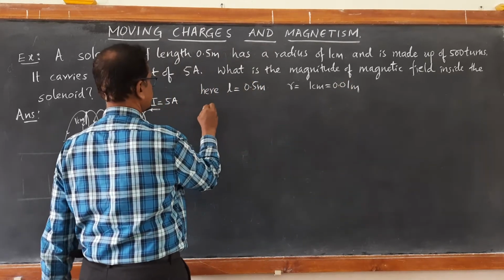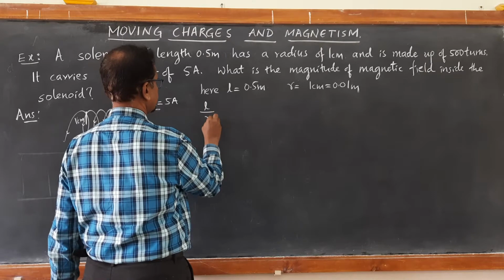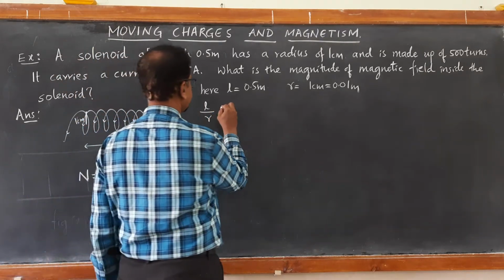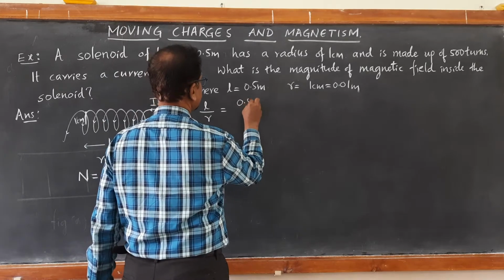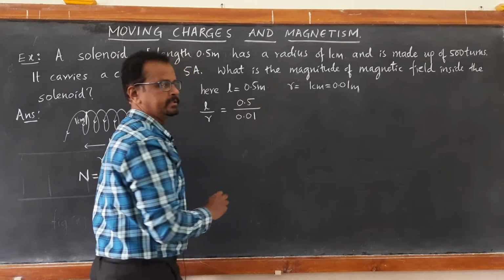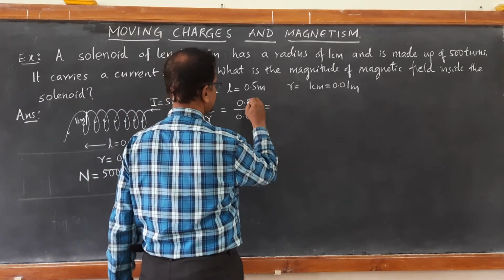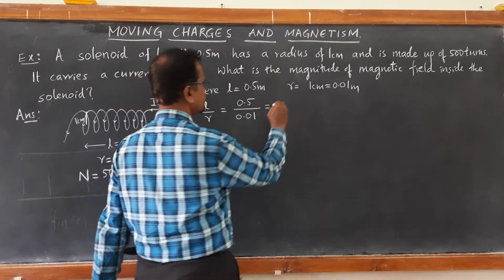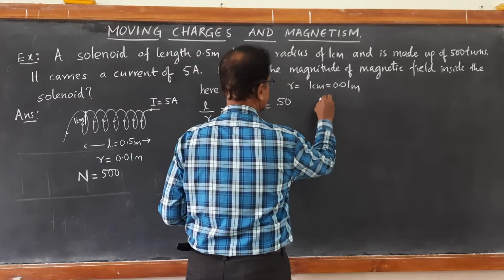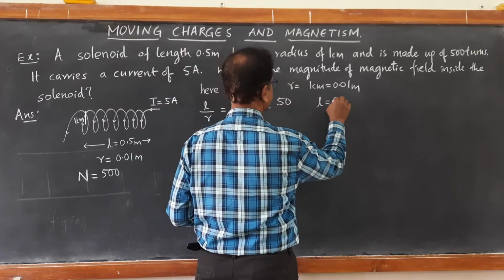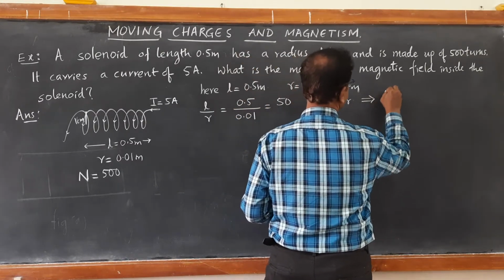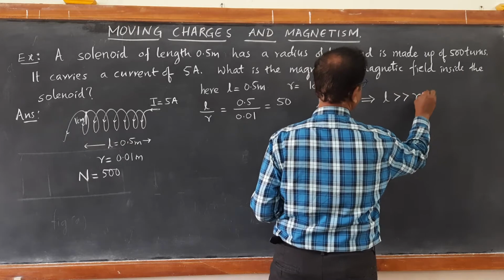So, take the ratio L by R. If you take L by R, you will get 0.5 divided by 0.01, which is 50. It means L is 50 times the radius. So, L is very much greater than the radius.